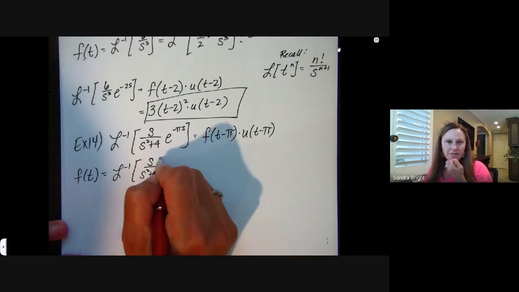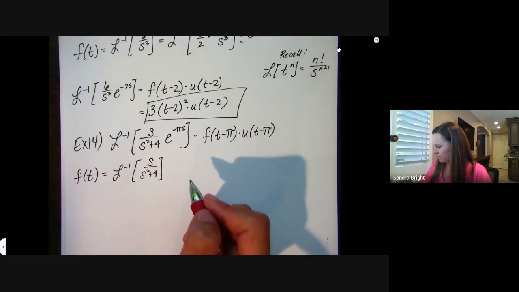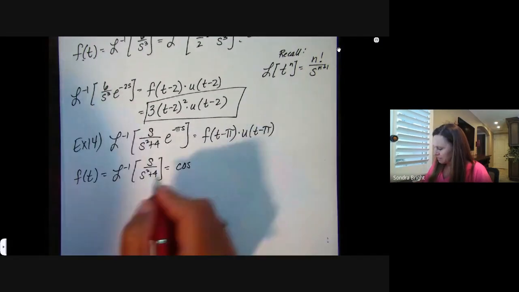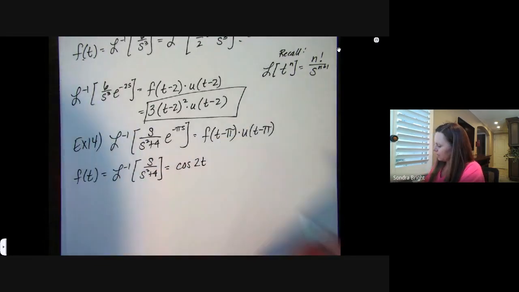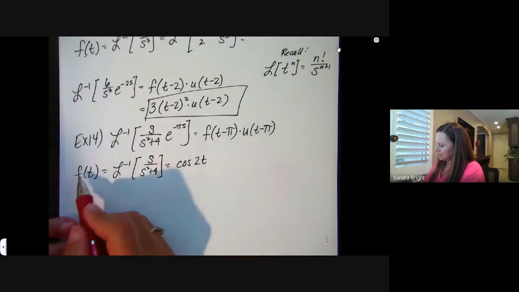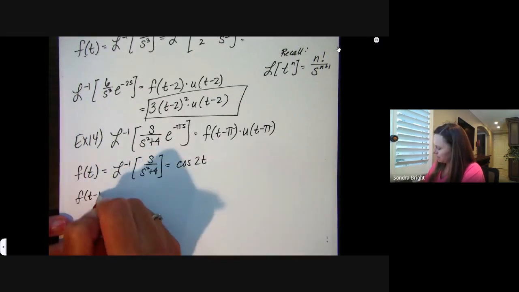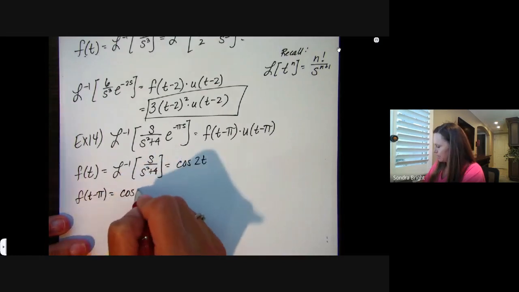You'll have all of these formulas in front of you, so you can just identify that the inverse Laplace transform of that is cosine of 2t, remember that's a squared. So if f of t is this, then f of t minus pi would be cosine of 2 times t minus pi.